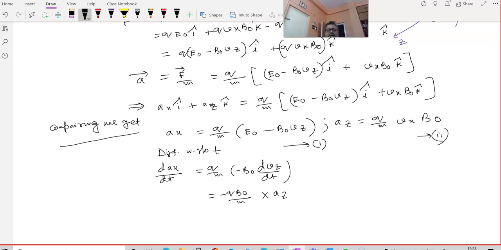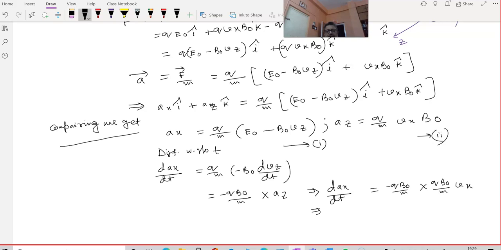What is the advantage? dVz by dt is Az, because it is the acceleration along the Z axis. This implies dAx by dt is minus Q V0 by M into Q V0 by M Vx.